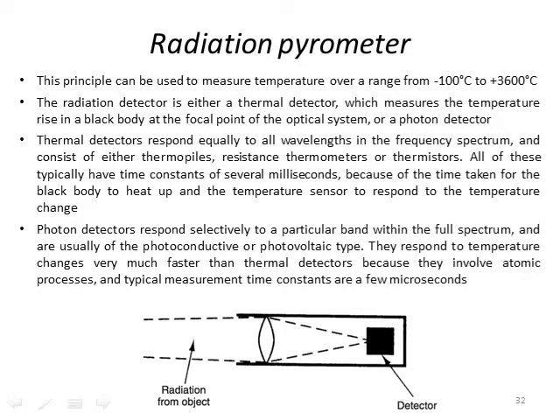Now, the other type is called a radiation pyrometer, and essentially this uses a detector that's sensitive to a certain wavelength of light. And there are many different types of detectors to measure infrared radiation. These can be photoconductive, so basically photons of a certain wavelength will create electron hole pairs in the material. And then you can apply a potential and measure a current.